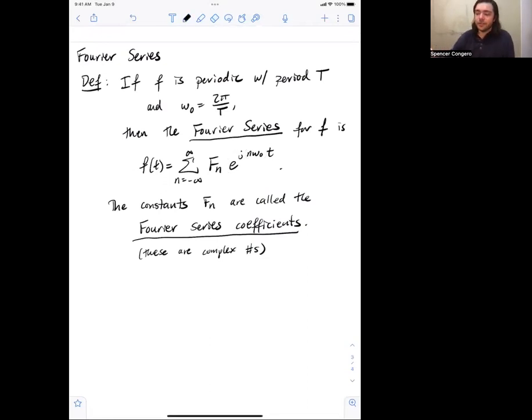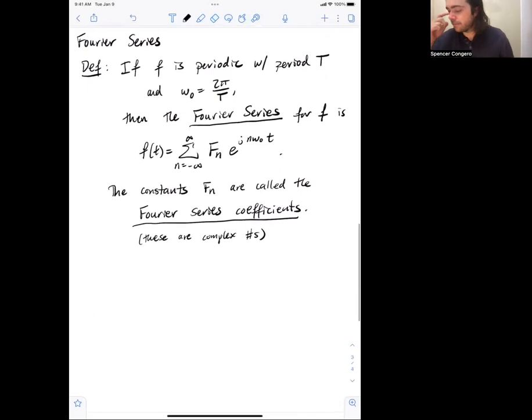So this is what's going to allow us to understand the input-output relationship for LTI systems for general periodic functions, because we can write them in terms of these simpler functions and then get the output for those simpler functions and use linearity to add all those outputs up using these coefficients. So that's kind of the big picture where we're going with this. We're not going to see that in this video, but I just thought I'd mention that up front.